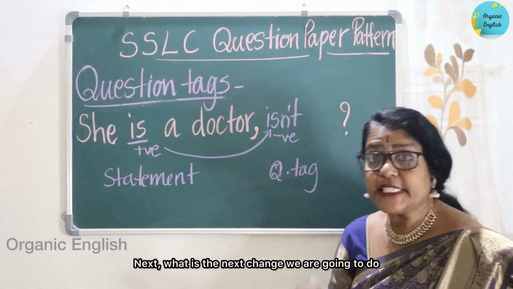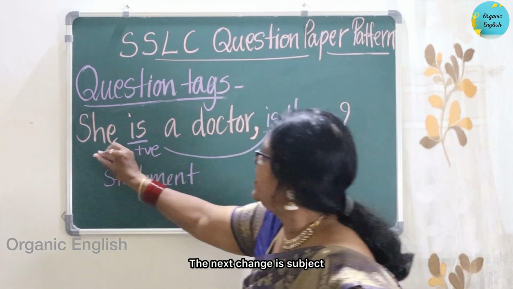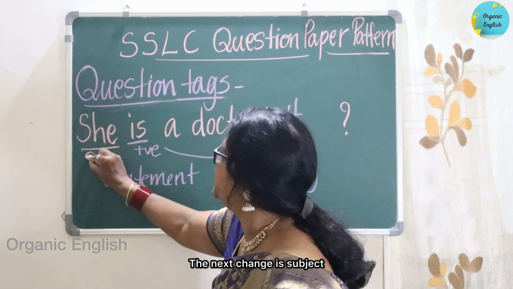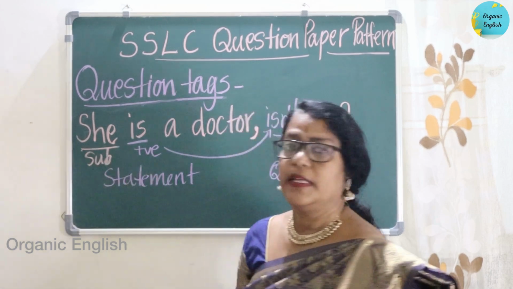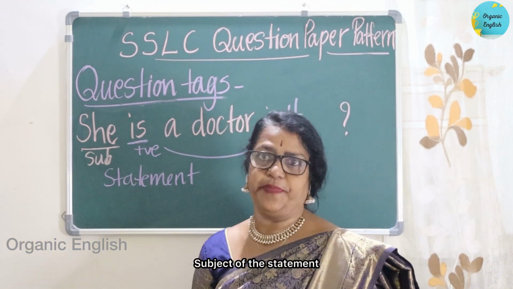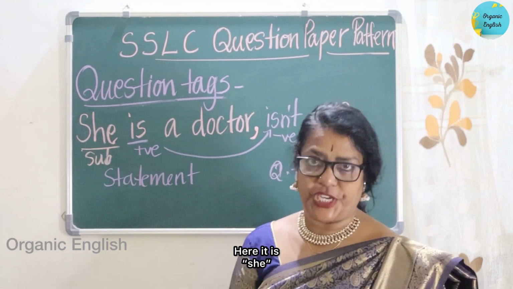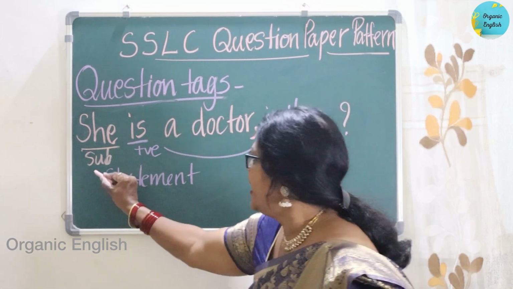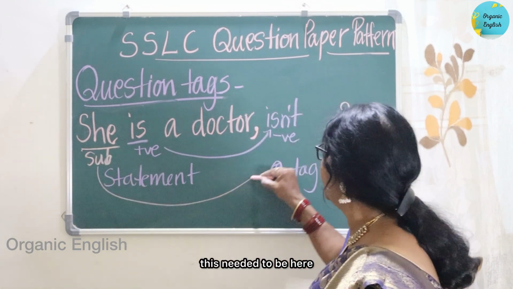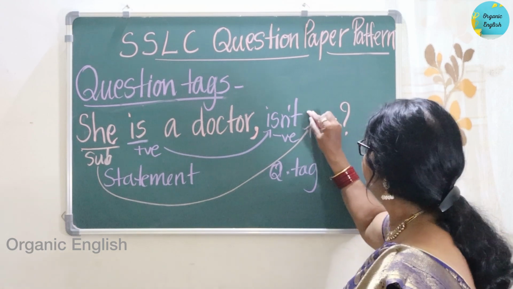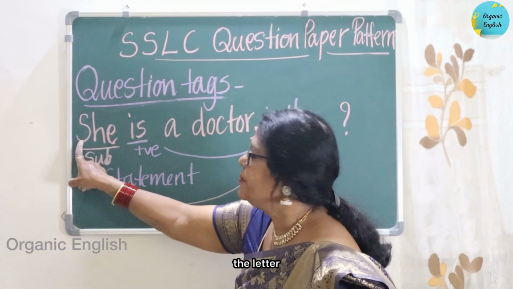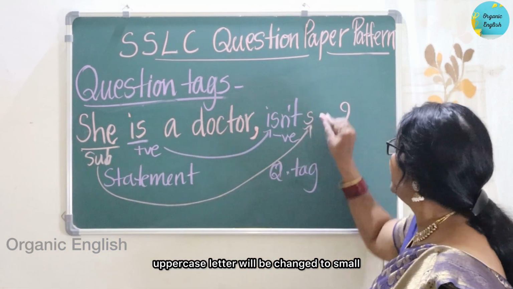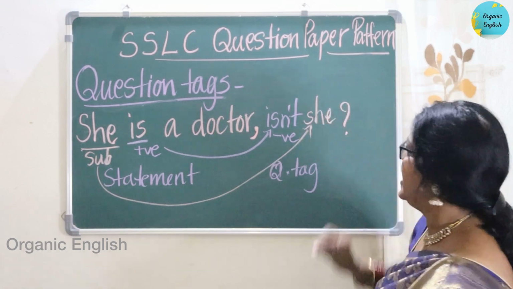Next, what is the next change we are going to do? The next change is the subject. The subject of the statement here is she, a pronoun, and this needs to be here. The uppercase letter will be changed to a small letter.